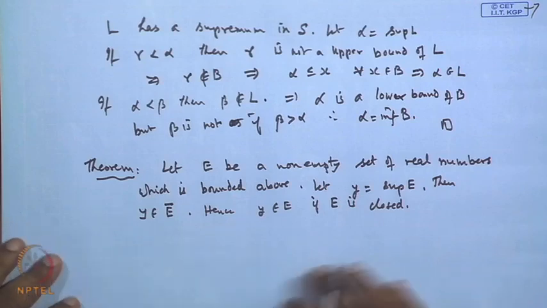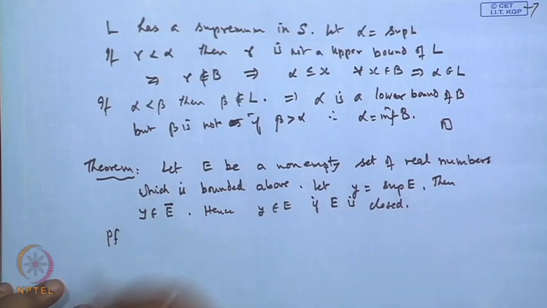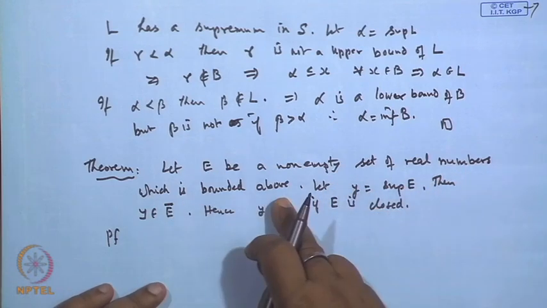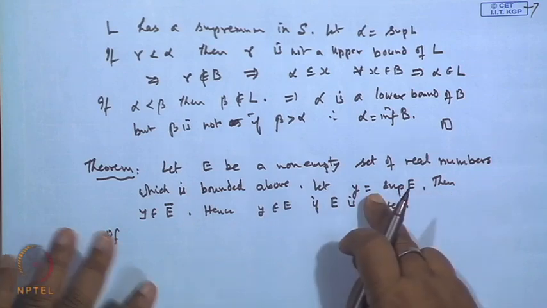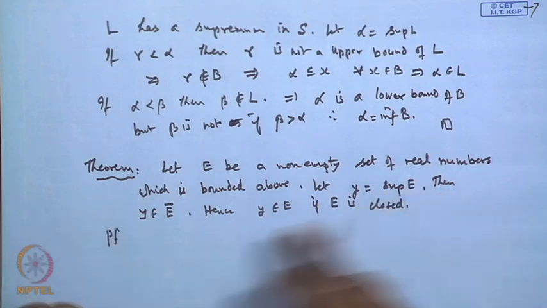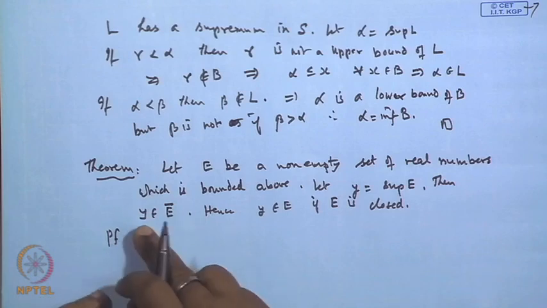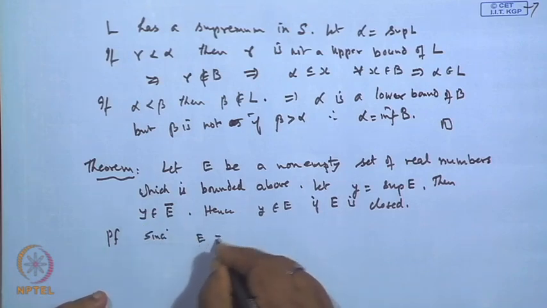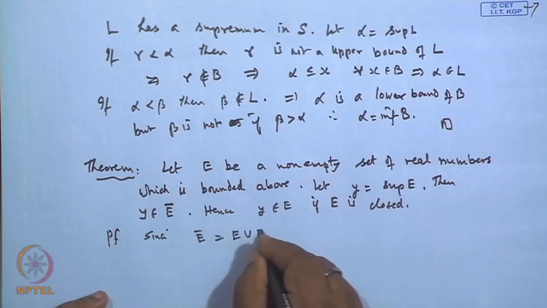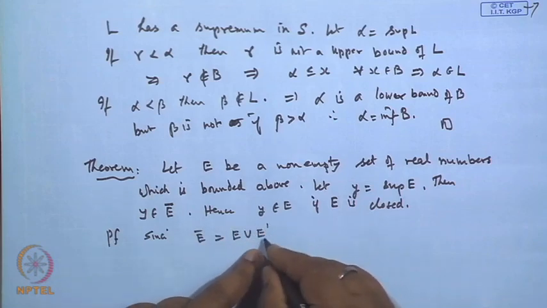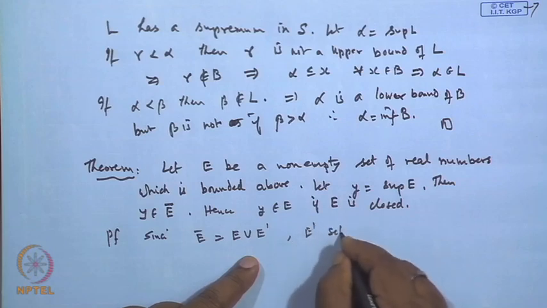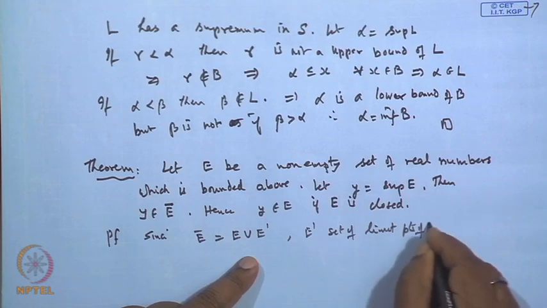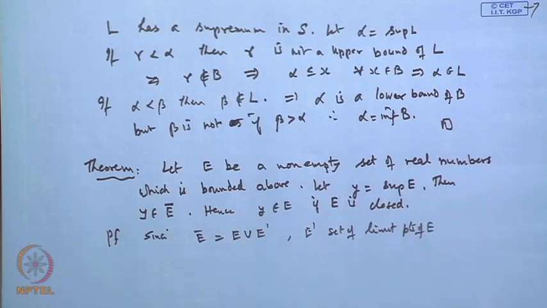The first part we wanted to show first: E is a non-empty set of real numbers which is bounded above, and the supremum of E is y. Then y will be a point in E bar. Basically, E bar is the union of E and E dash, where E dash is the collection of all the limit points of E.